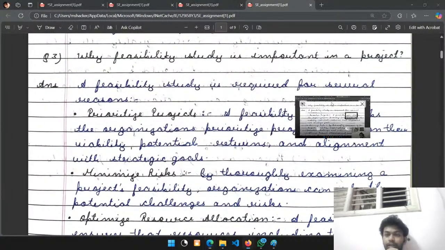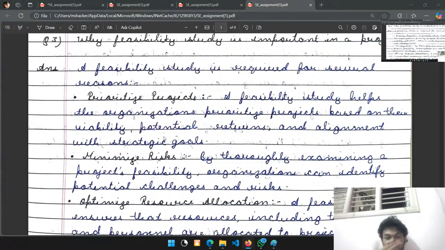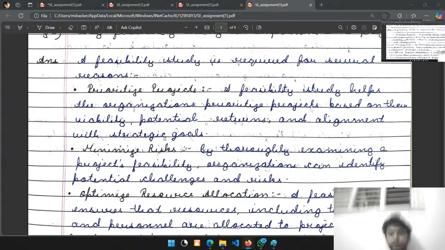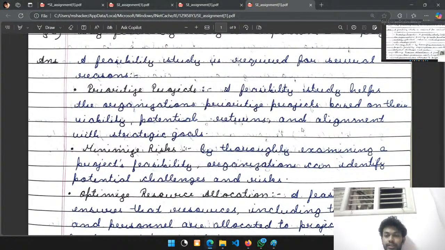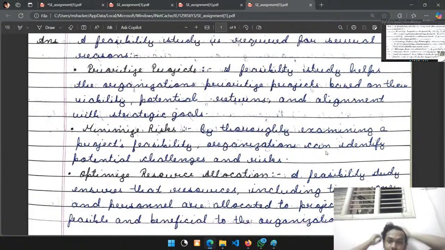Feasibility study is important. A feasibility study is required for several reasons. Prioritizing projects: a feasibility study helps organizations prioritize projects based on viability, potential returns, and alignment with strategic goals. Minimize risk: by thoroughly examining a project's feasibility, organizations can identify potential challenges and risks.